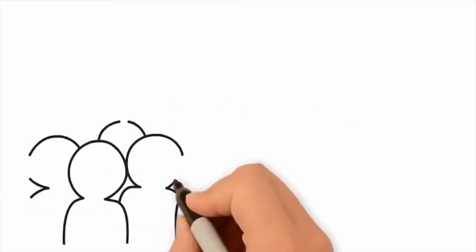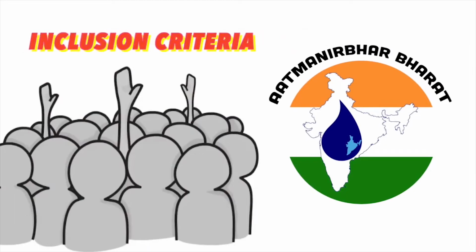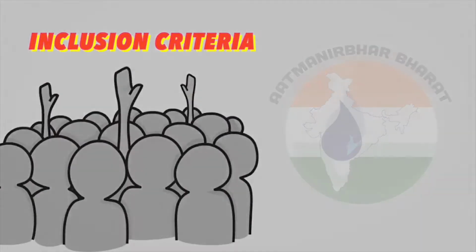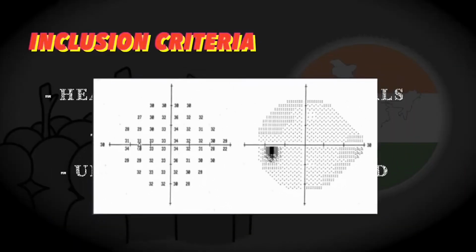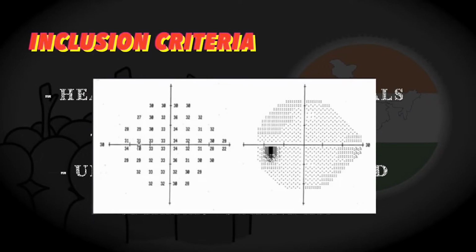The inclusion criteria of this study consisted of healthy normal Indian individuals of age group 18 to 75 years with unaided or best corrected vision of 6/6 with plus or minus 2 diopter cylinder. In short, any patient with normal visual fields was included in the study.